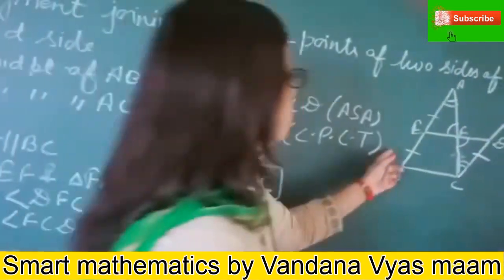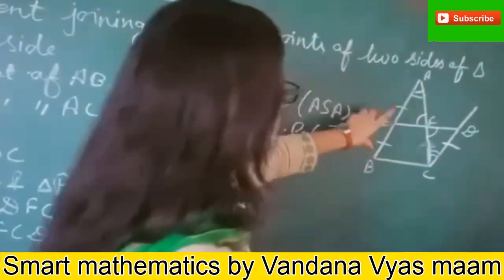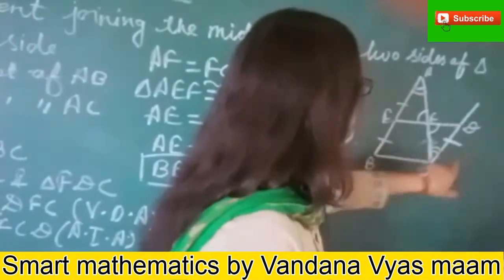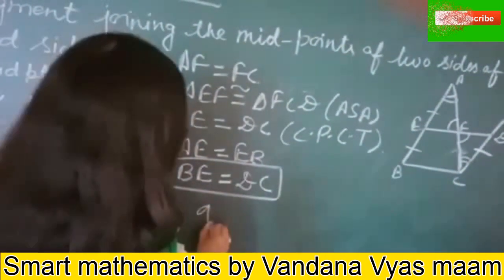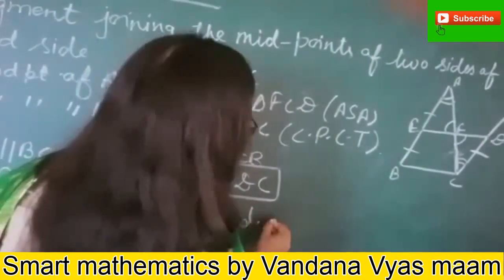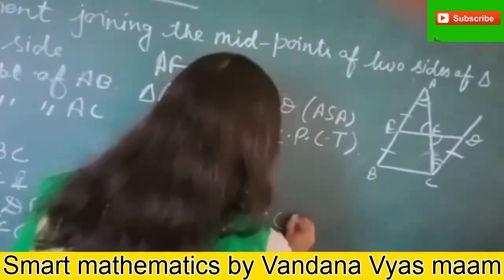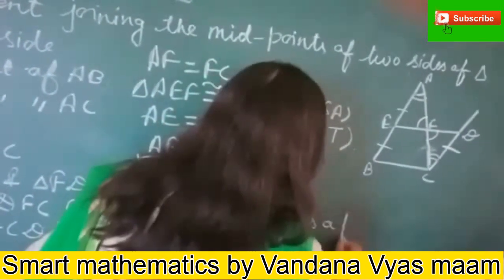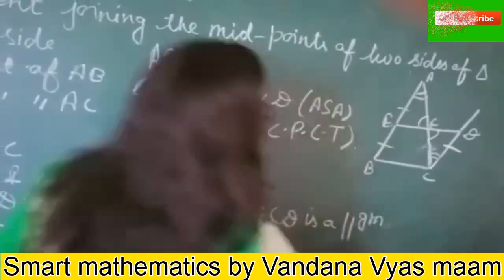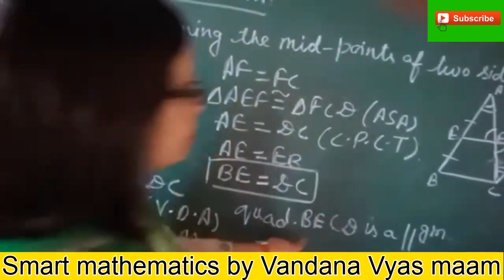Here we have BE is equal to DC and BE is also parallel to DC. Then we have quadrilateral BECD is a parallelogram. Clear?